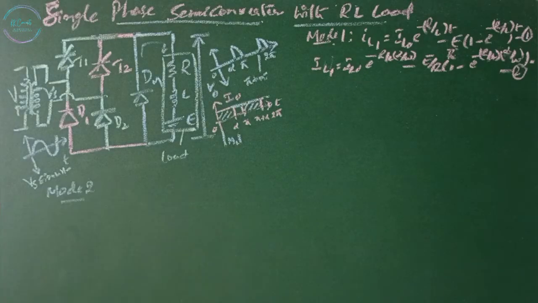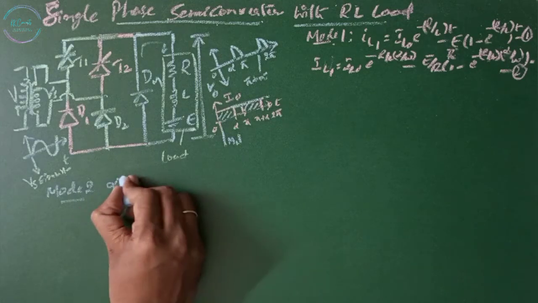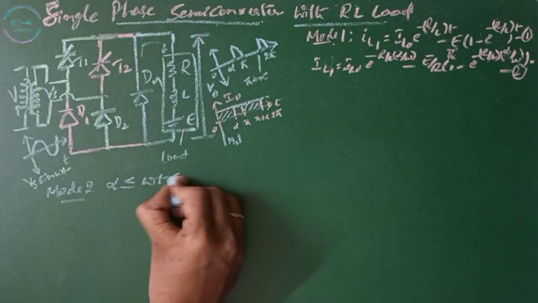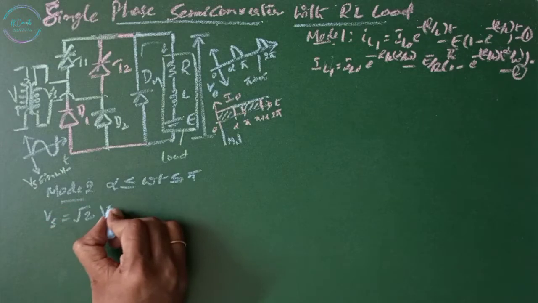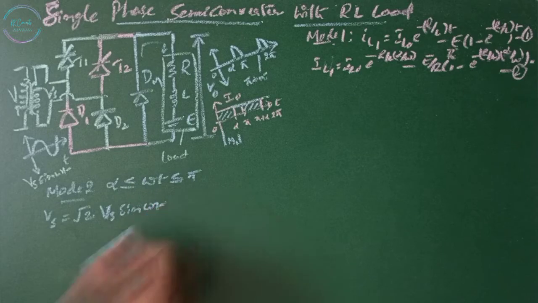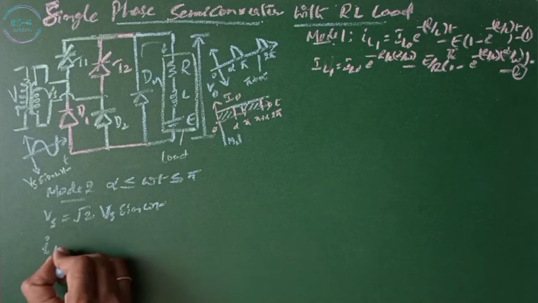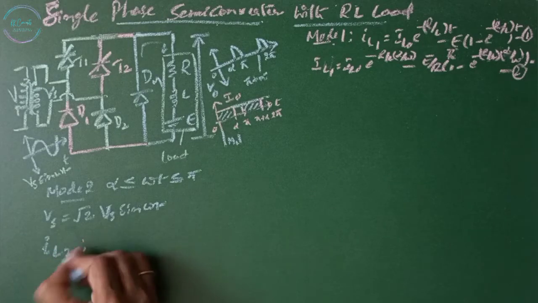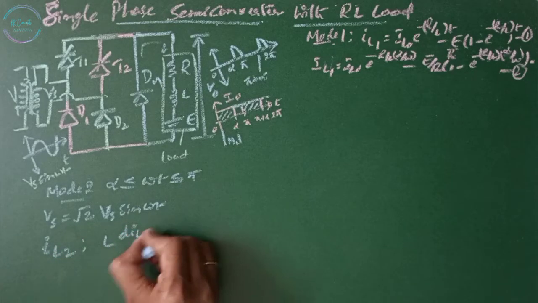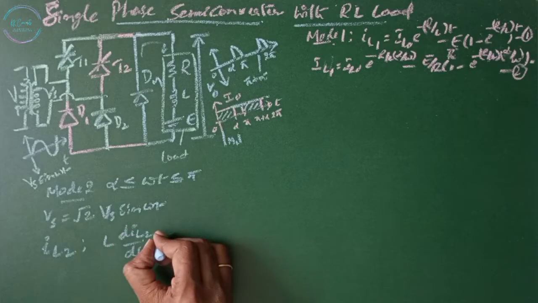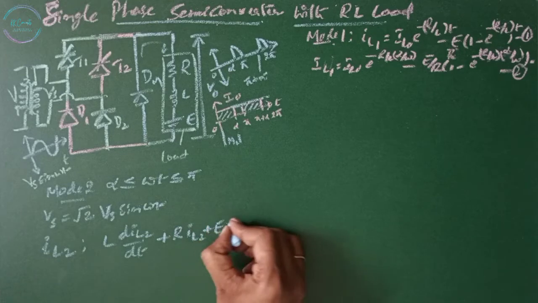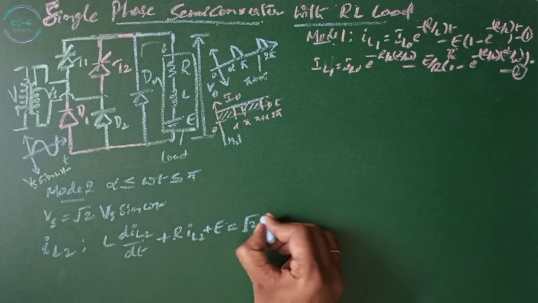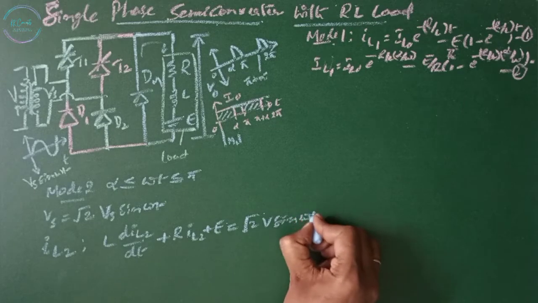Now mode 2, this is valid between alpha less than or equal to omega t less than or equal to pi, while the thyristor T1 conducts. Vs equals root 2 Vs sine omega t is the input voltage. The load current IL2 of mode 2 is given by L dIL2 by dt, the voltage across the inductor, plus the voltage across the resistor, plus E, equals the input voltage, root 2 Vs sine omega t.